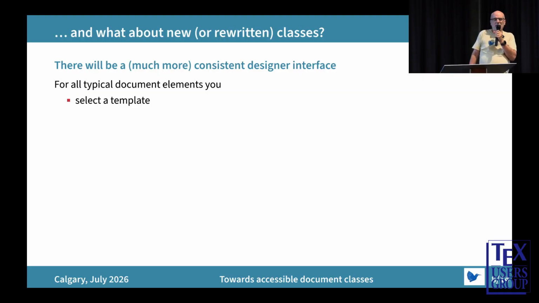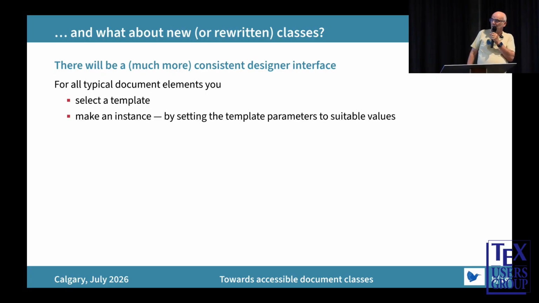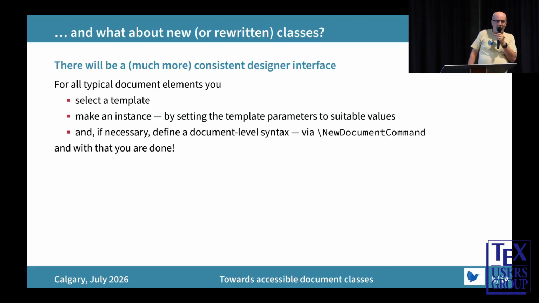For a typical document element, say a section or a list or your keywords in the title space or whatever, what you do is you select a template, you build an instance from this template by putting values to the parameters of the template. You may have to build a document level command to make use of the instance, and then you're done.